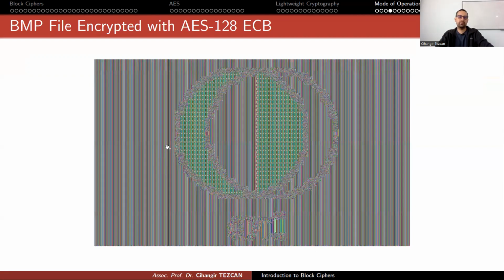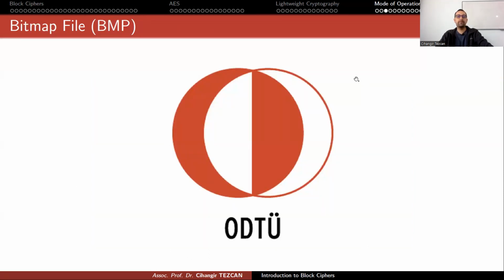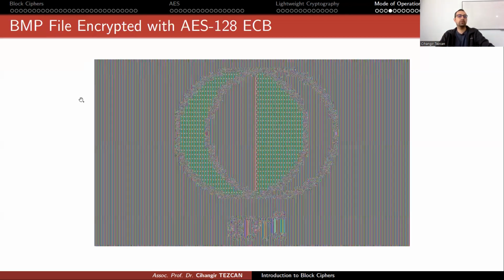But of course here, for the people who are going to ask the question, since this is a file, at the beginning of the file you use some headers like that. This is a BMP file, you write the resolution and so on. So if you encrypted it and then double clicked it, actually your software will say that it is not compatible. Here I'm making a small modification at the beginning of the encrypted file saying that this is a bitmap file.